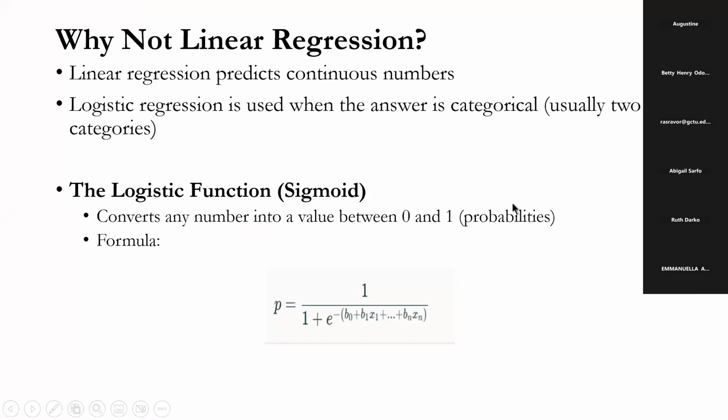So why not a linear regression model? Whenever we use a linear regression, we say that our predictor is a continuous number. For example, we are looking at salary as the dependent variable.